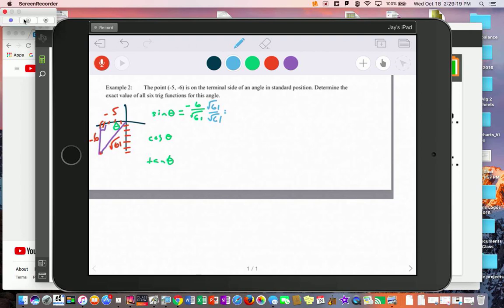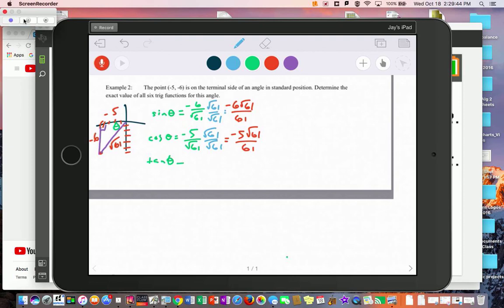And now I have -6 times the square root of 61 over 61. Cosine would be the similar thing. It would be adjacent -5 over the square root of 61. Rationalize it, and I get -5 times the square root of 61 over 61.